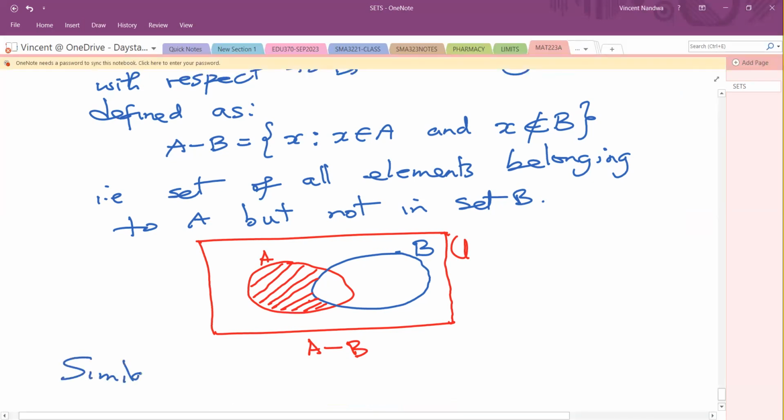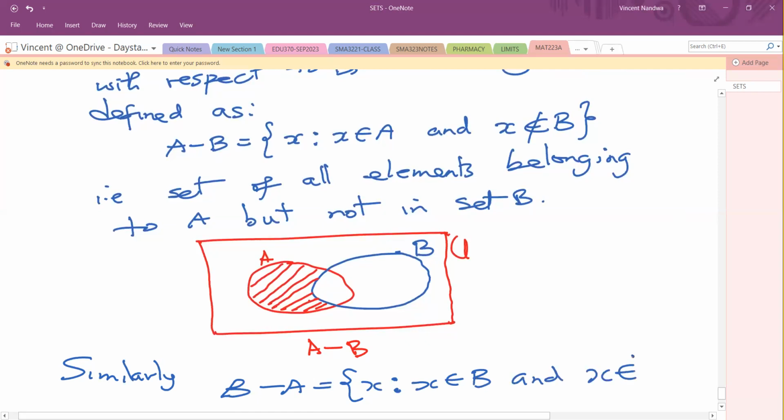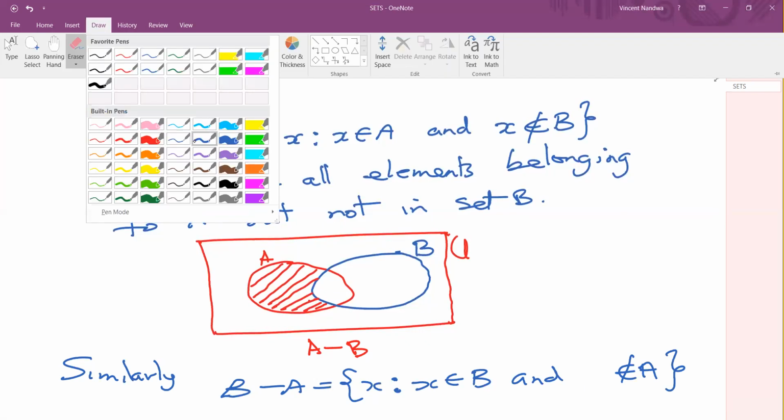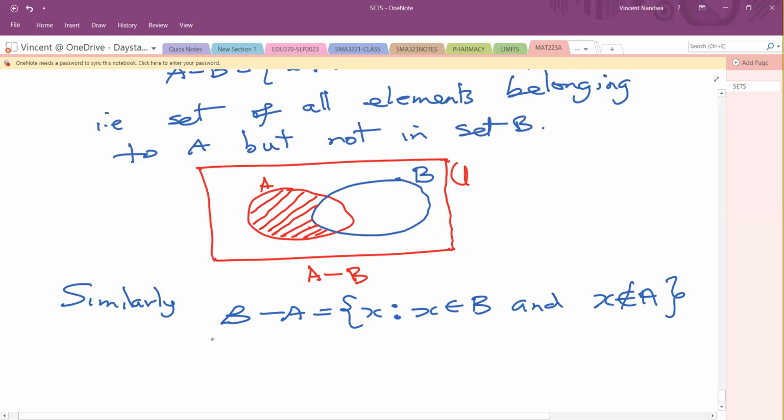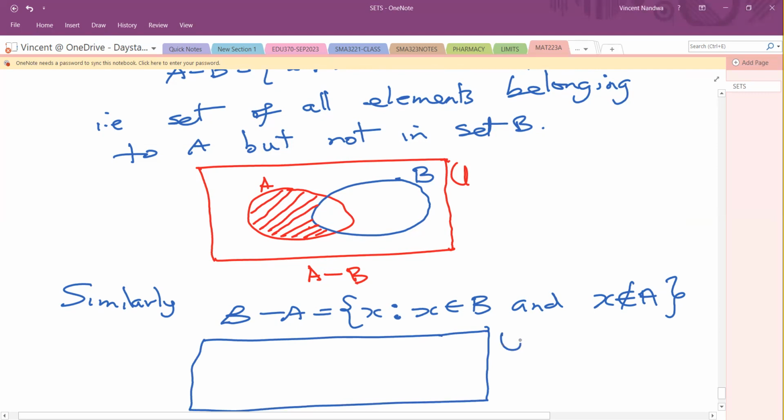So similarly, we can define B minus A to be the set of all elements X such that X belongs to B and X does not belong to A. All elements that are counted to be in set B, but not in set A. And if you represent this on a Venn diagram, this is the inverse of the set.